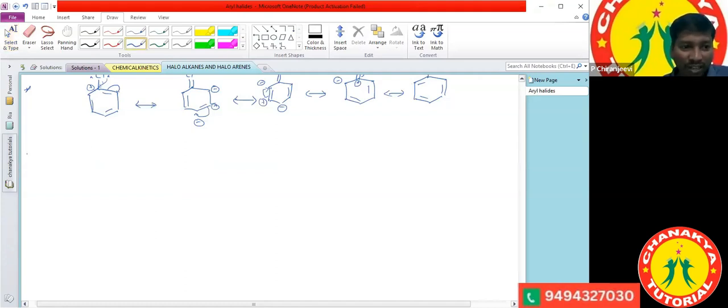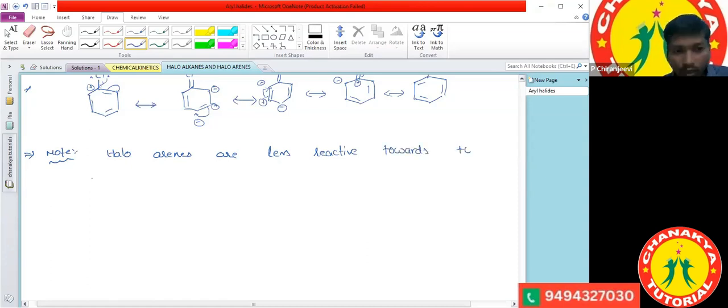So what is the condition here? Note this. Haloarenes are less reactive towards nucleophilic substitution reaction.